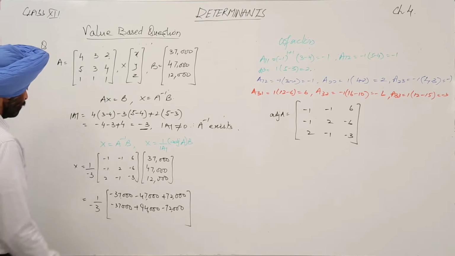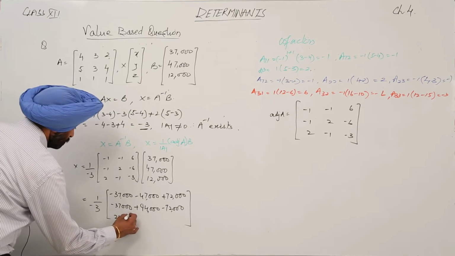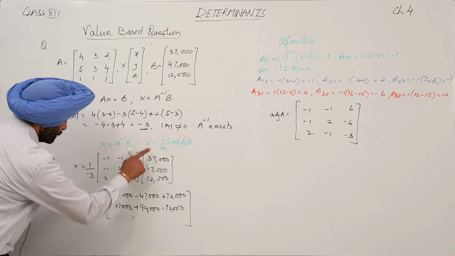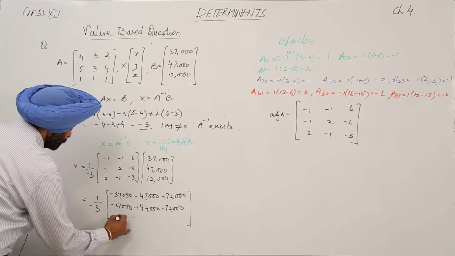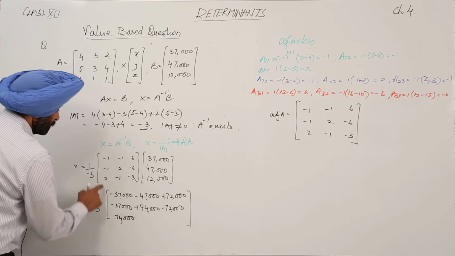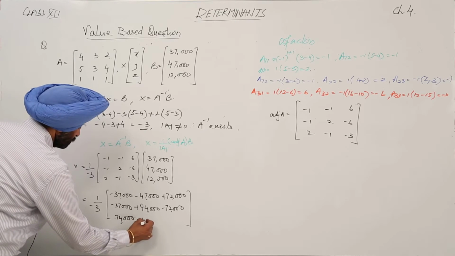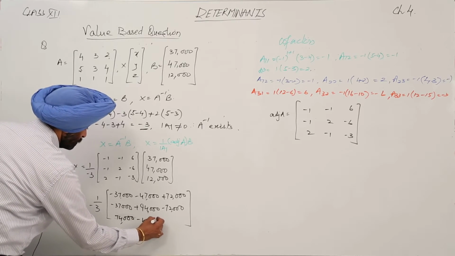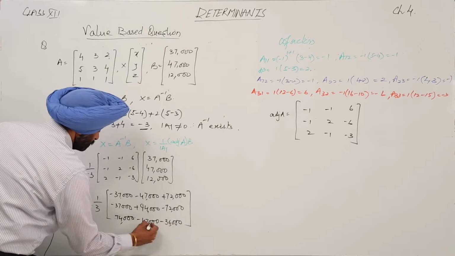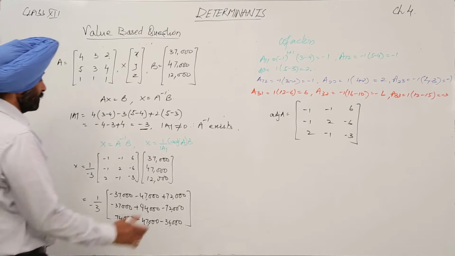Okay, then we are having, sorry, it is 2 with 37, 74,000, 2 with 37 minus 47,000 and minus 36,000. Is it clear?